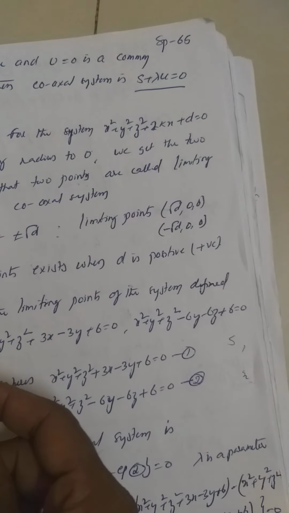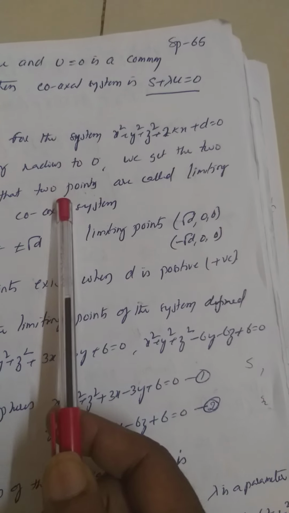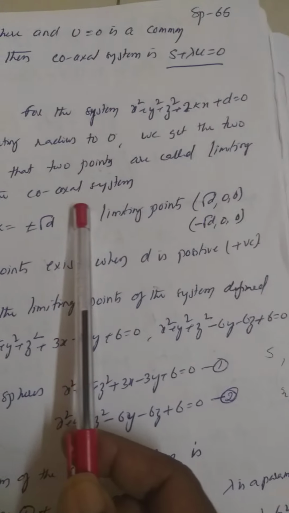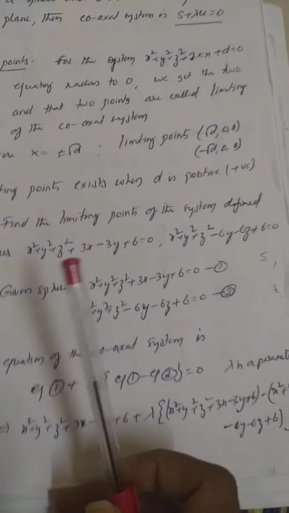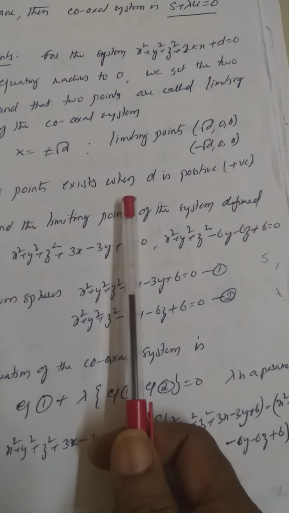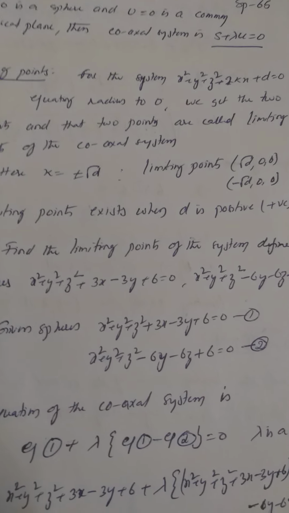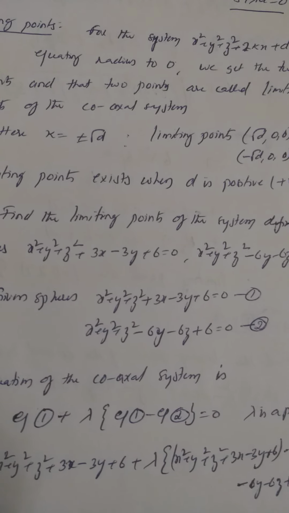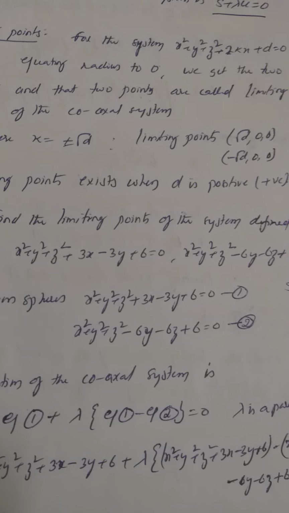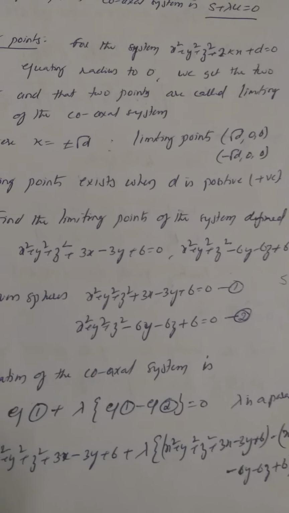Now for example, here one sphere equation is given to you; equating radius to 0, we get 2 points and those 2 points are called limiting points of the coaxial system. It's an example. Limiting points exist when D is positive. Suppose in a given sphere equation D is negative, then the limiting points do not exist. If D is positive only, we can find limiting points, otherwise not.